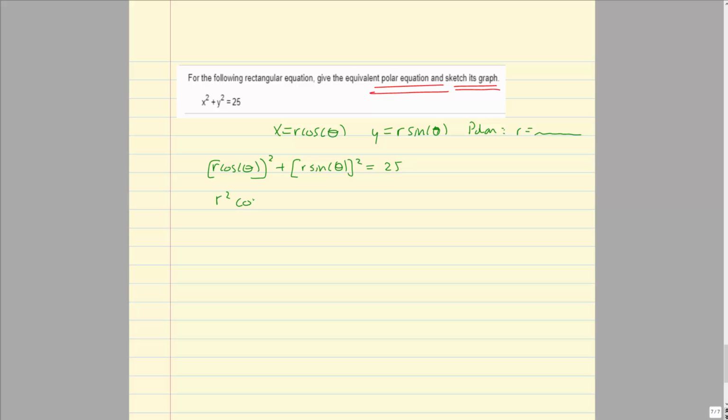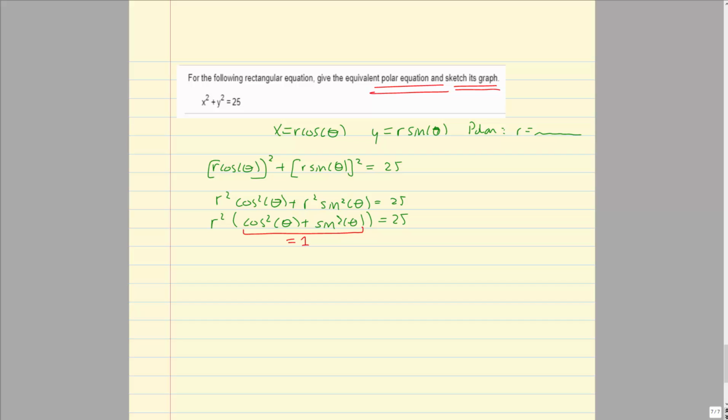So this would be r squared cosine squared theta plus r squared sine squared theta equals 25. I could factor out an r squared and I'll be left with cosine squared theta plus sine squared theta, and hopefully that's familiar to you because that's one of our Pythagorean identities. This is equal to 1.